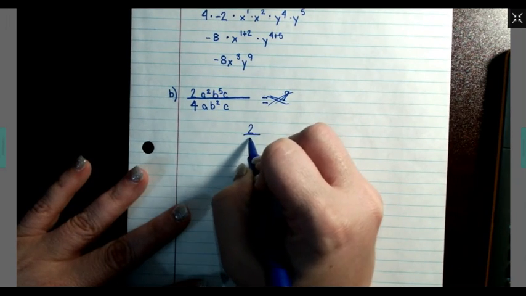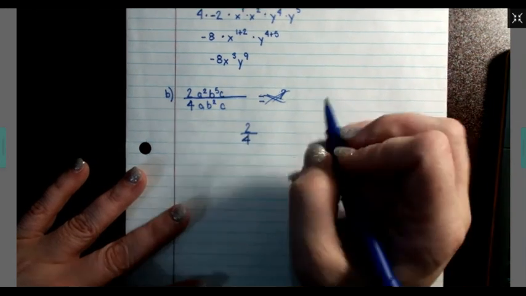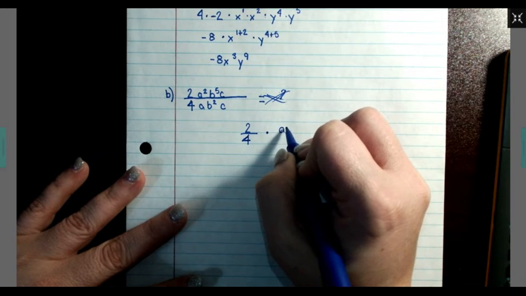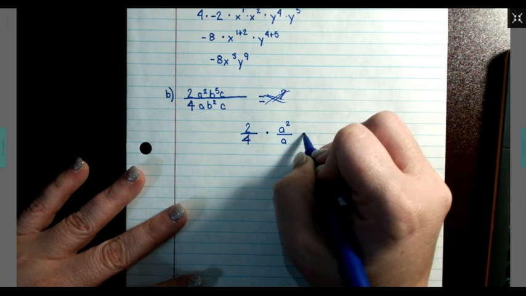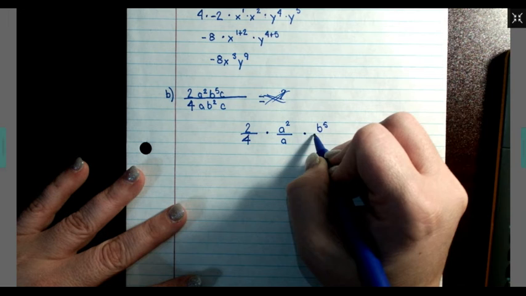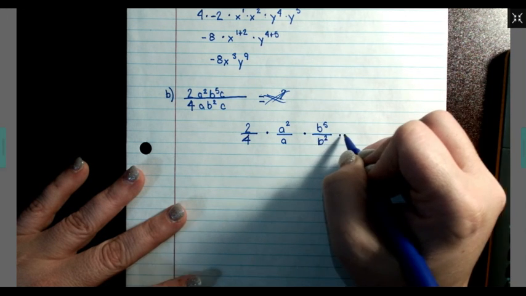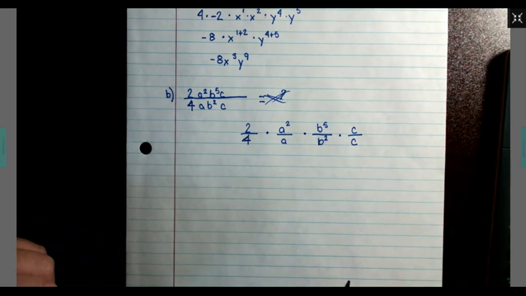We're going to do 2 over 4. Those are like terms because they're our coefficients. We have a squared divided by a. We got b to the 5th power over b squared. We're going to do c divided by c. Okay?